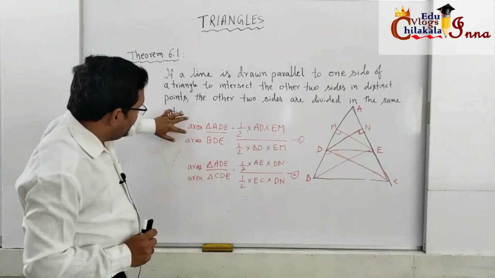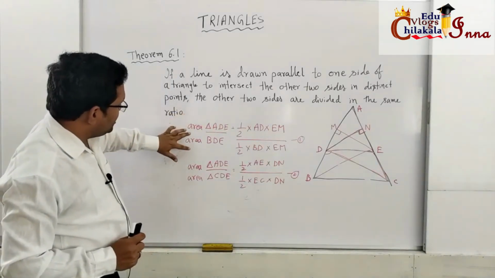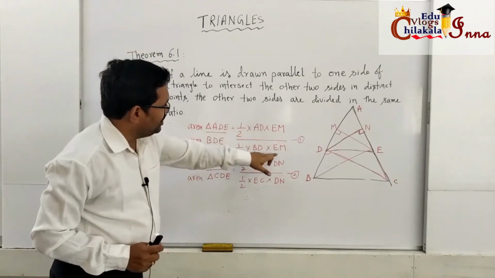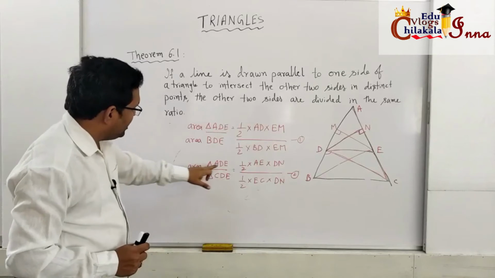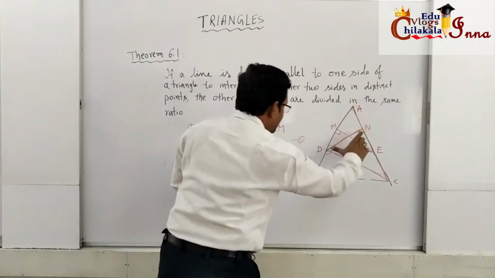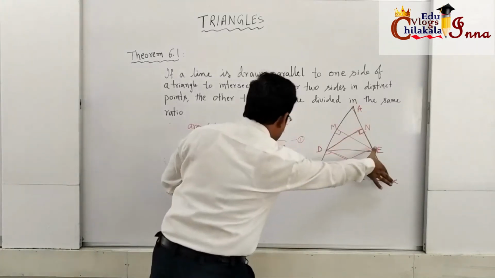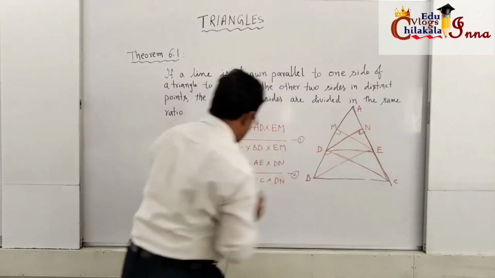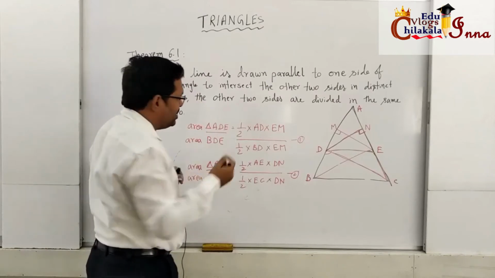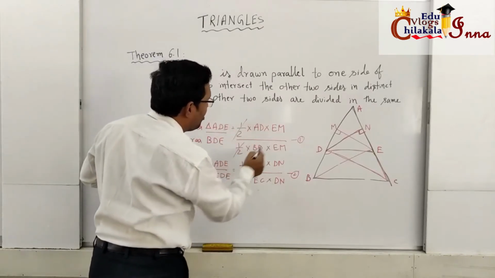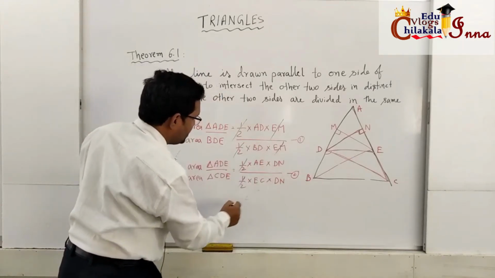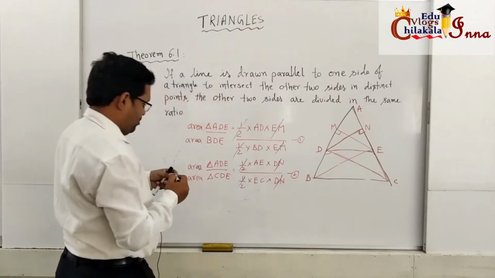So we have taken the area of the triangle ADE by the area of the triangle BDE: half into AD into EM by half into BD into EM. Again, the area of ADE by the area of CDE: half into AE into DN by half into EC into DN. Let us see, there are some common elements here. In this equation, the half cancels.